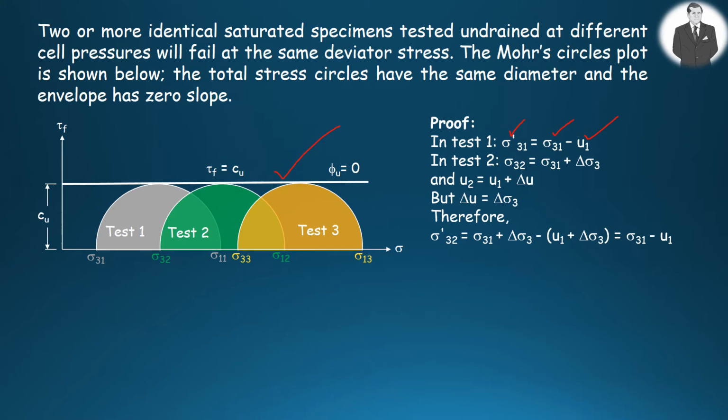And the second test for the second sample, if the confining pressure is increased by an amount of delta sigma sub 3, the excess pore pressure will be increased as well, which is equal to U sub 1 plus delta U. Delta U is the excess pore pressure increase due to delta sigma 3.